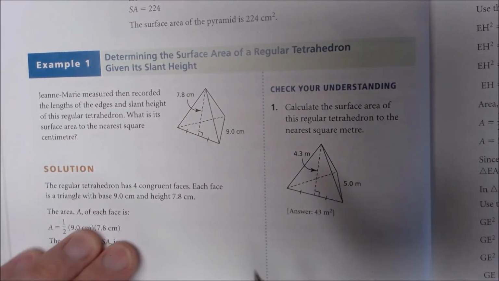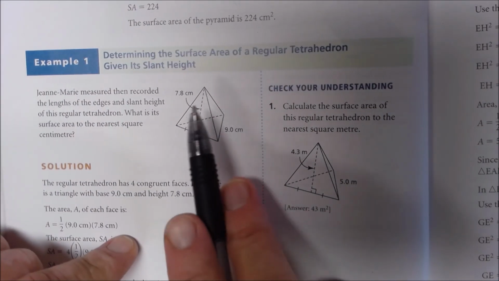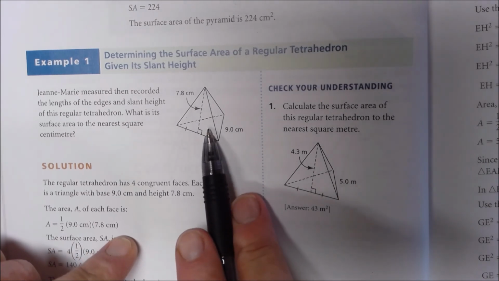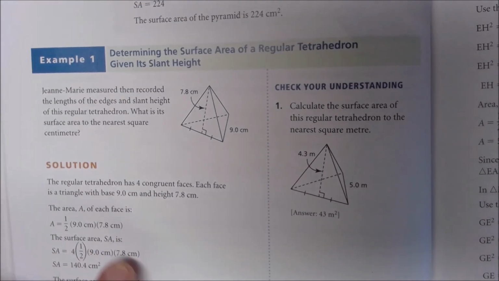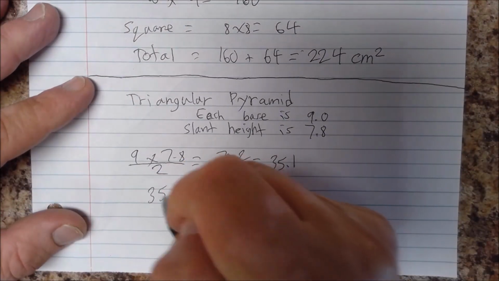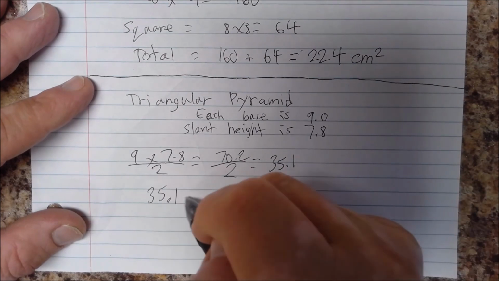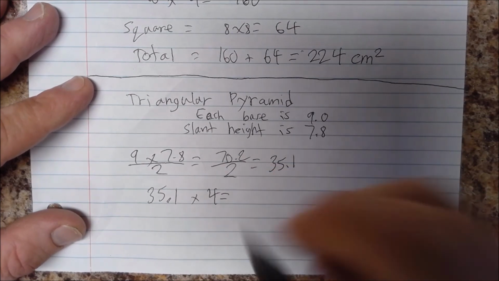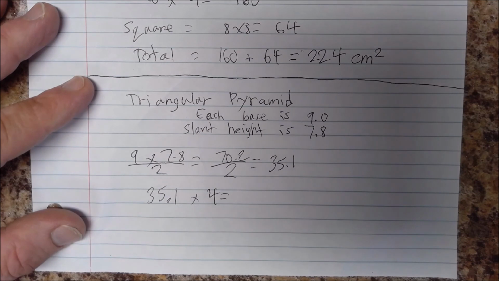You've got a triangle 1, 2, 3. And then you've also got the bottom, right? So you're dealing with 4 triangles. We now found the area of one of the triangles, so all that's left to do is 35.1 times 4. That's it. Simple.